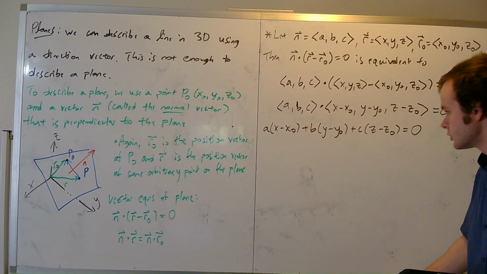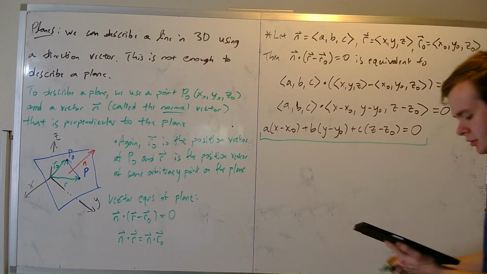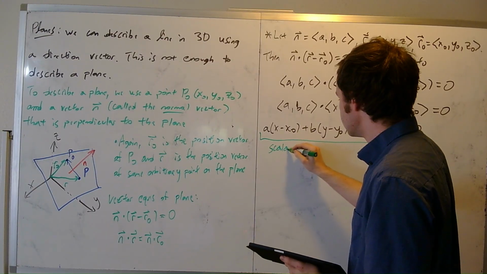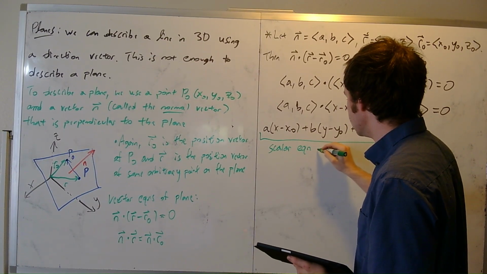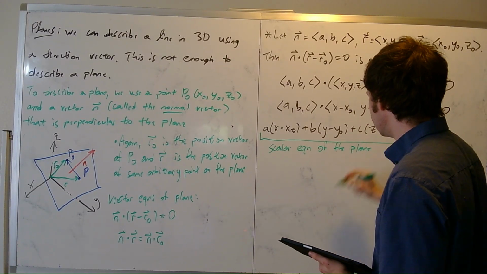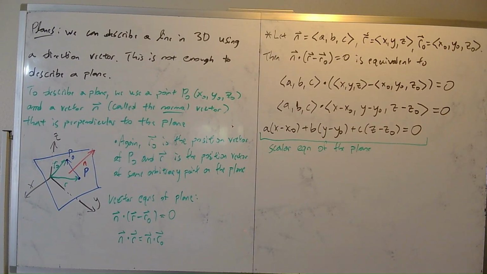And now we actually have a name for this equation. This is the scalar equation of the plane. Right, so we have our vector equations of the plane, and we have our scalar equation of the plane. So now we can go ahead and do exercise number 3.